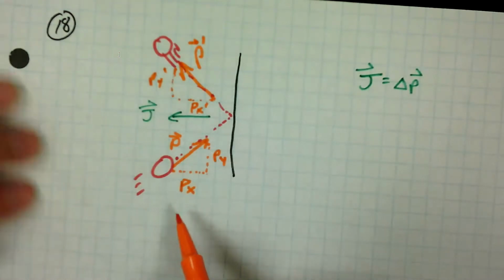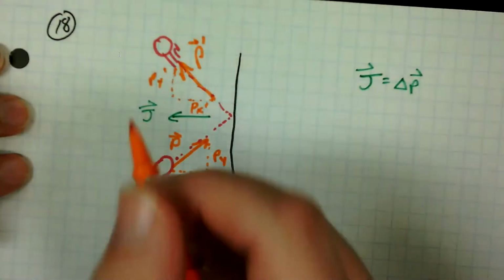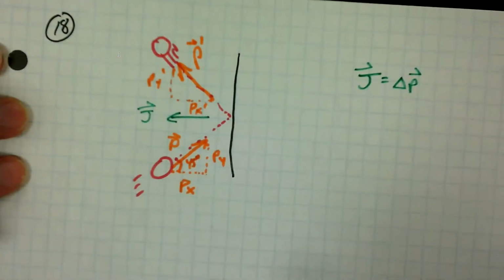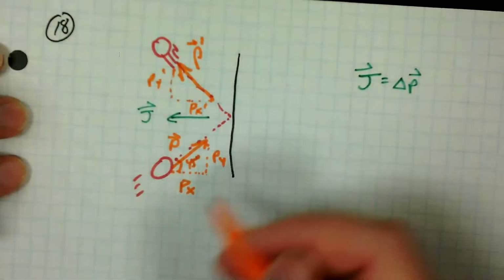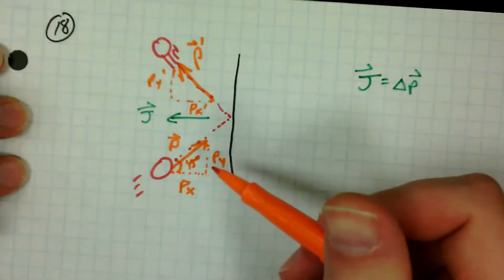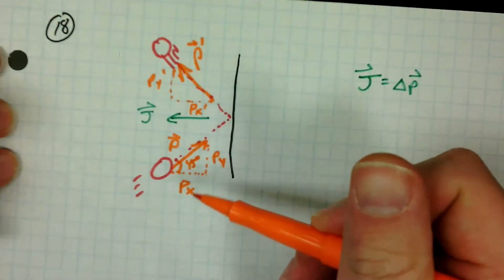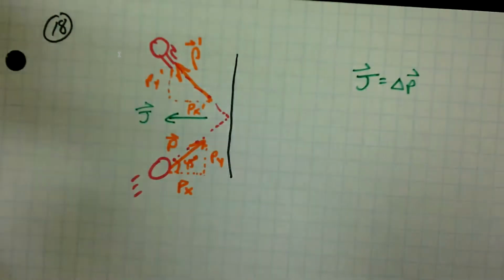And what you should notice when you do this is that, so you know your angle is 45 degrees, so you'll use sine, cosine, tangent to find PX and PY. And you should notice that PY does not change, and PX changes from positive to negative.